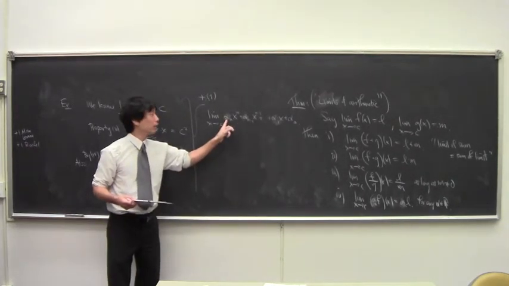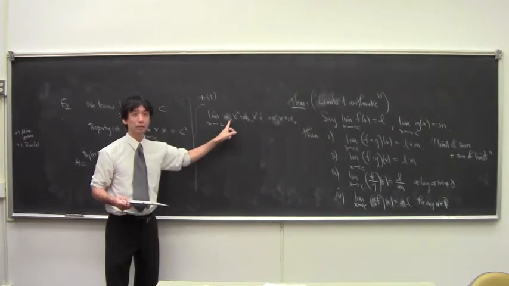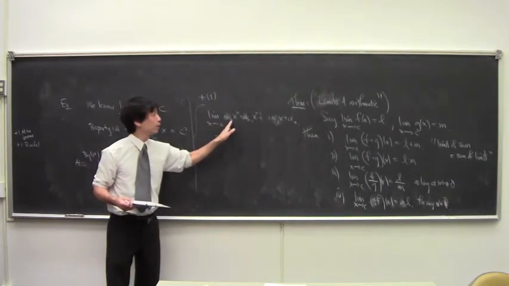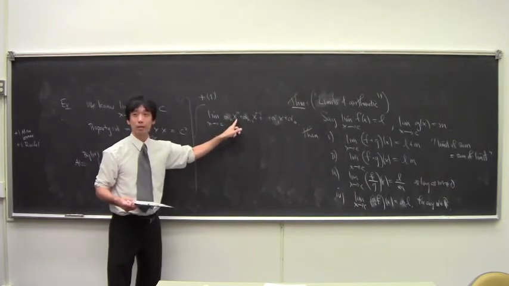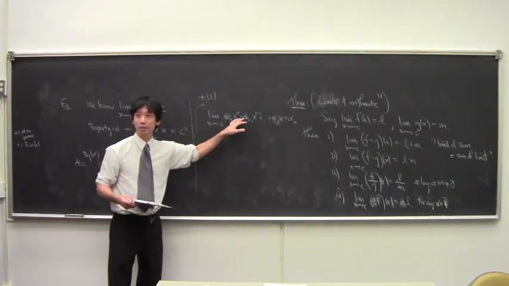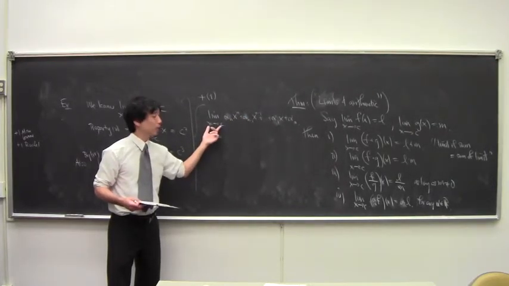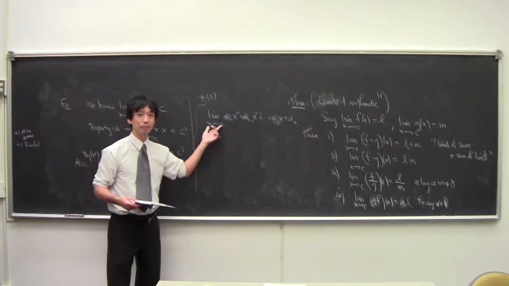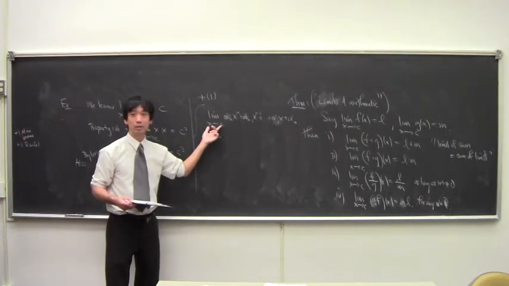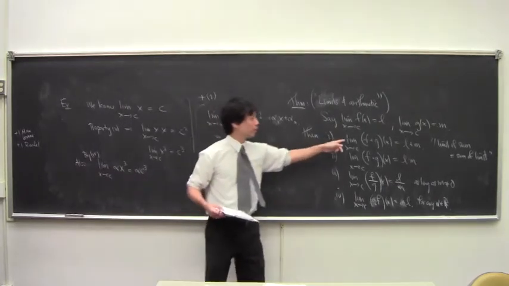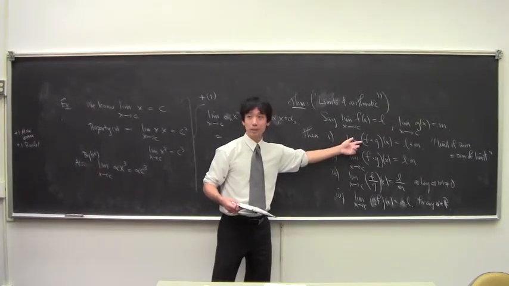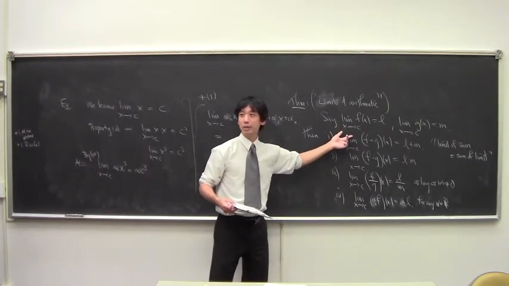When all these alpha guys are fixed numbers, so you have a polynomial, then what's the limit as x approaches c? Well, property 1 says the limit of the sums is going to be the sum of the limits.